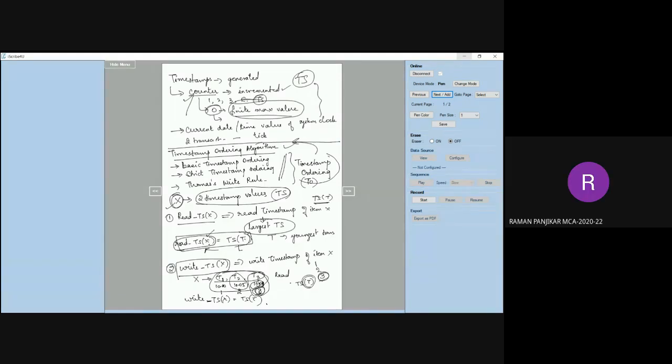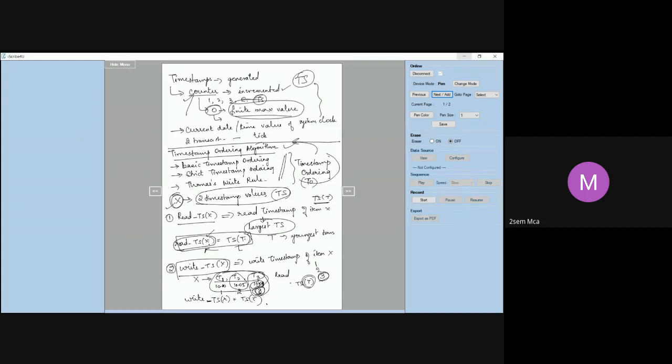I thought, ma'am, the transaction which completes its write execution will be considered the maximum timestamp. No, no, no. See, when is the timestamp given? Timestamp is a unique identifier. It is assigned at the time the transaction is submitted for execution.